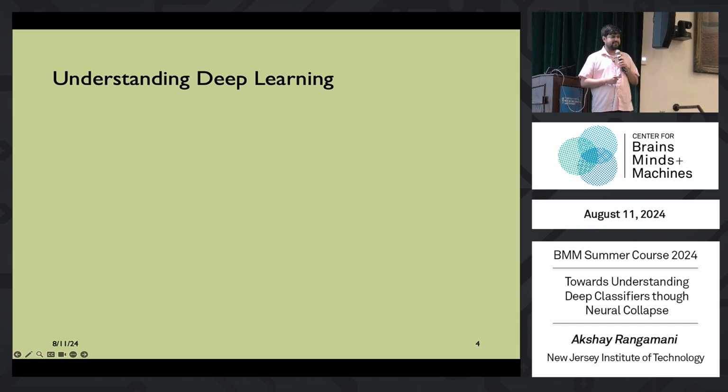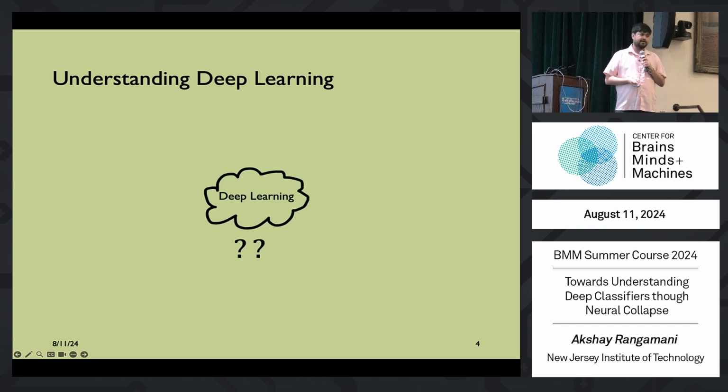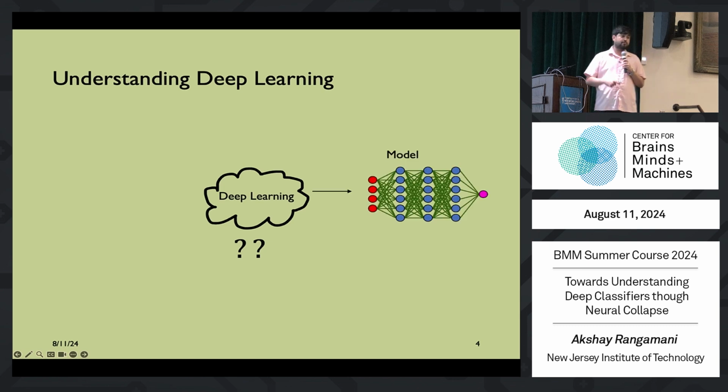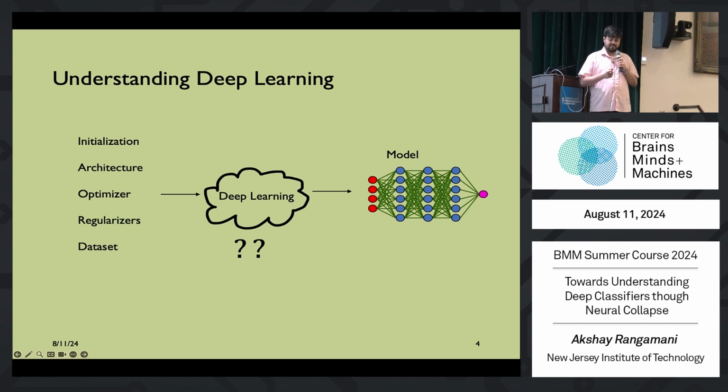And what I mean by understanding here is, understanding is sort of a vague thing, but in deep learning, we train models, right? But we make a lot of choices about the initialization, the architecture, the optimizer, regularizers, and the data set. That's a whole other can of worms. We make a lot of choices and we get models.